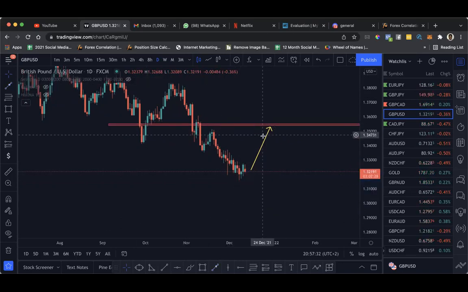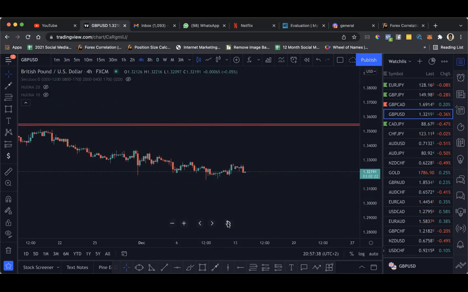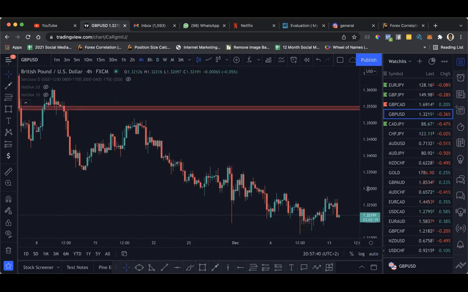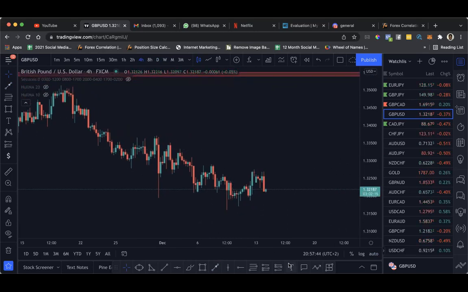Okay, so daily gives me nothing. Let's go to the 4-hour chart. So 4-hour chart gives us something, guys. Check it out. Price already did this. And see this. There is a little uptrend on the 4-hour chart, and then price is also retracing as well.